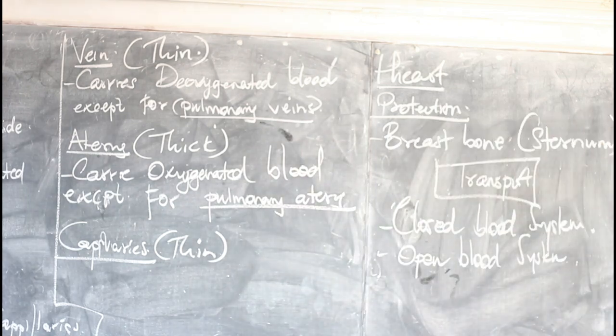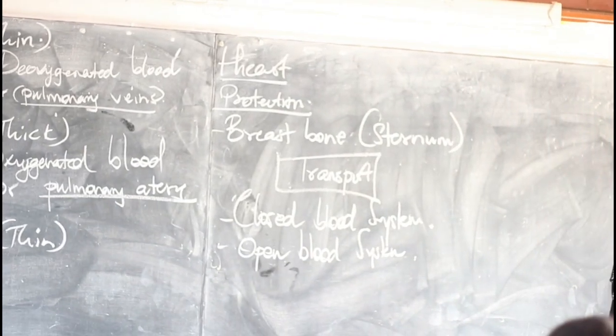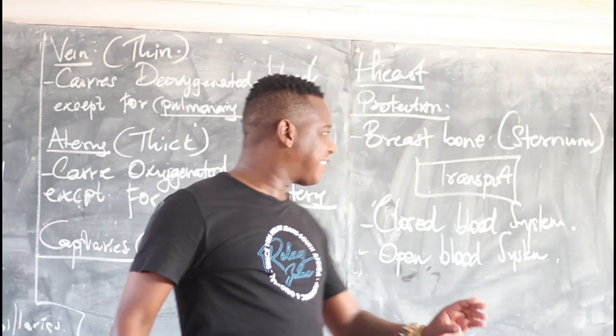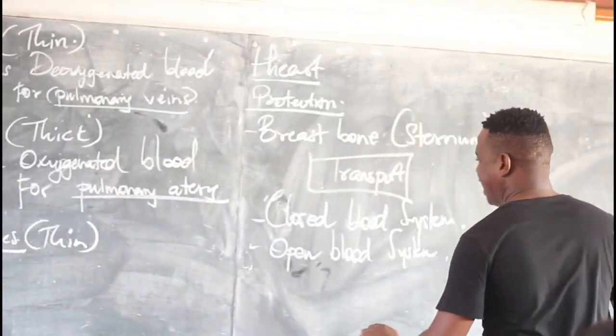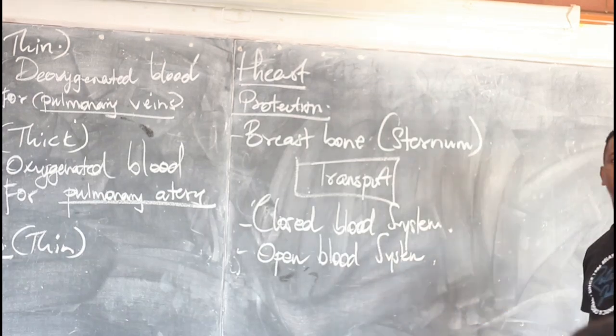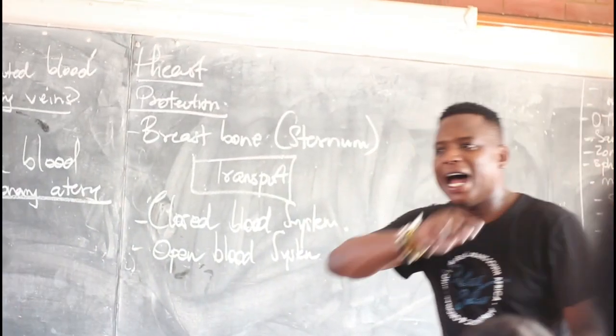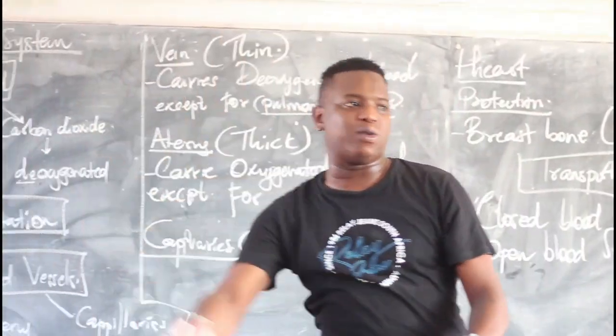We have two systems in how the blood circulates in our body. There is one which you say is a closed blood system, and one which you say is an open blood system. We are looking at how blood is transported throughout.